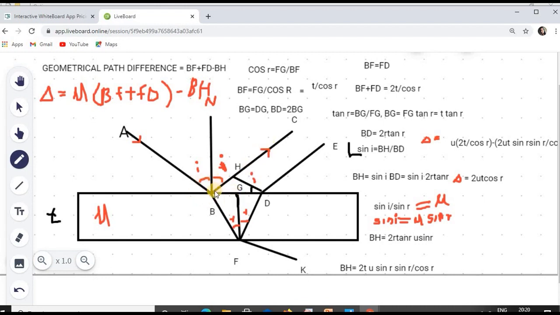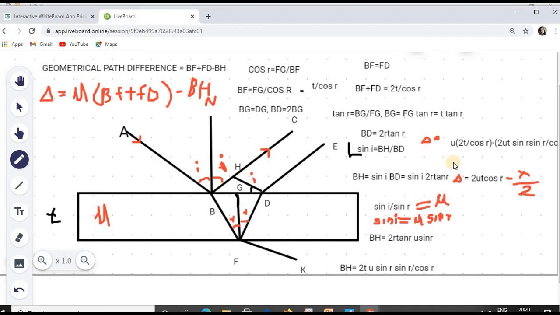I have already mentioned in the beginning of the class, that is interference by division of amplitude. So in this case, one more path difference in addition to BH occurs due to reflection, and that path difference is lambda by 2, if lambda is the wavelength of the light used. So one more thing will be added here: 2 mu T cos R minus lambda by 2.